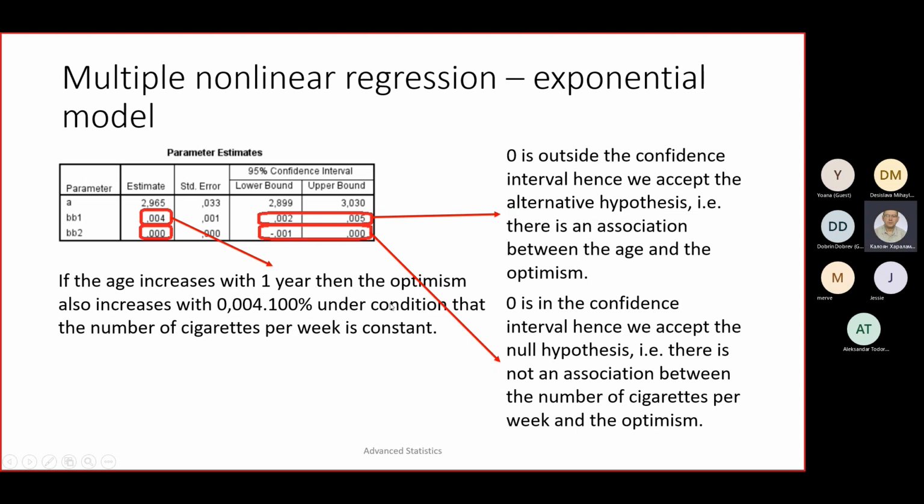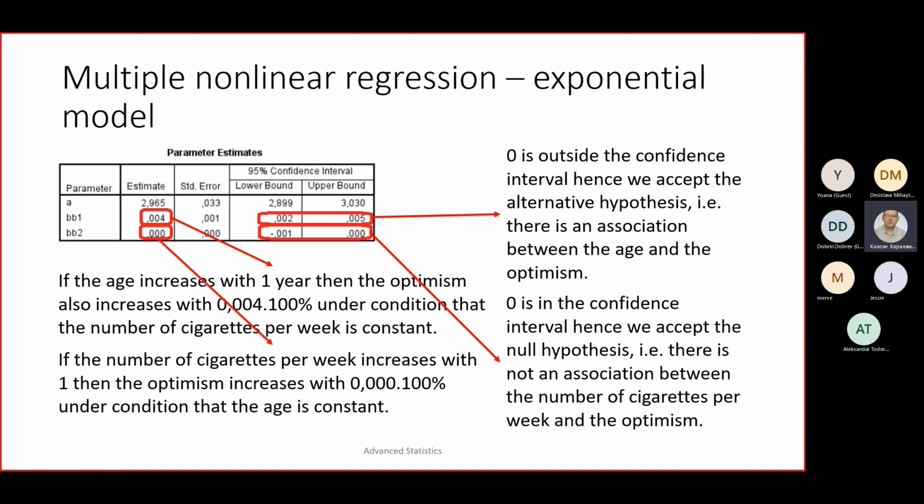And again, under condition that the number of cigarettes per week is constant. And for the second coefficient, if the number of cigarettes per day increases with one cigarette, then optimism will increase with 0%, and again under condition that the age is constant.